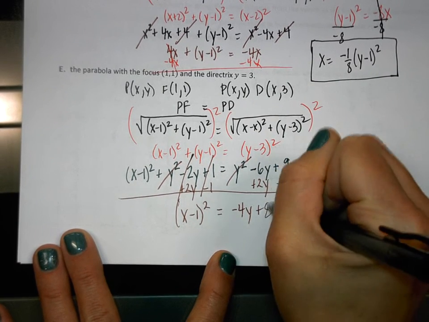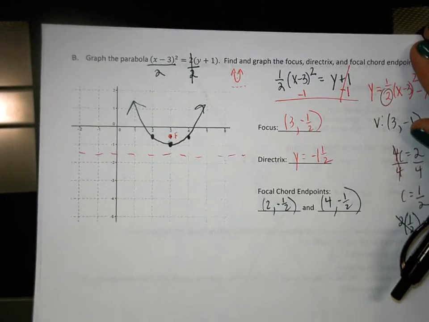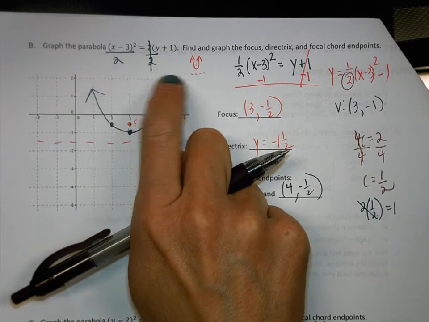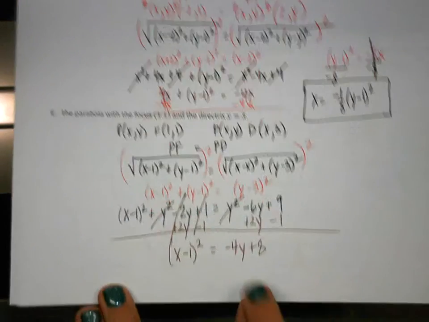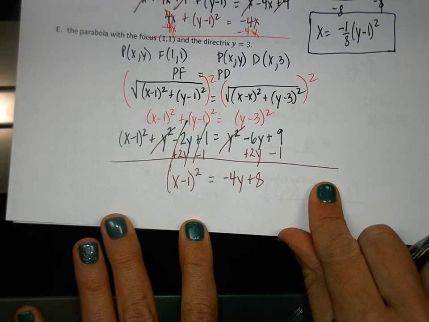Now, the reason why I did it this way is because remember back at the beginning on example B, see how with the y to get the number out, they had a number factored out in front? And so if your y ends up having a number in front, it's easier if I have a plain number and the y, to put them together so that I can factor it out. Does that make sense what I'm saying?